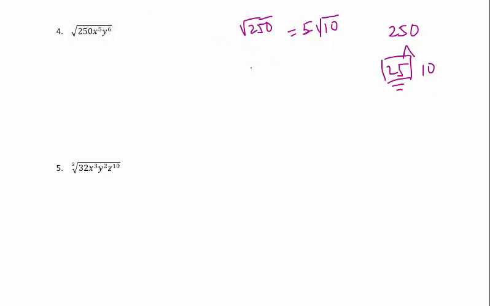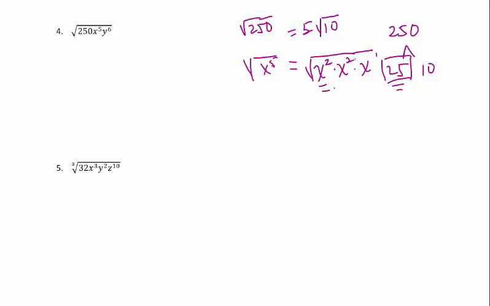Okay, the other thing that we want to simplify is the square root of x to the 5th. Now, this seems a little tedious, but we could do this: the square root of x squared times another x squared times another x, because based on one of our power properties of exponents, 2 plus 2 plus 1 is the 5th power.